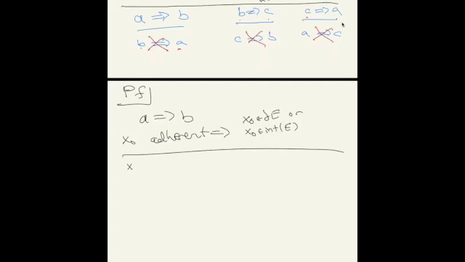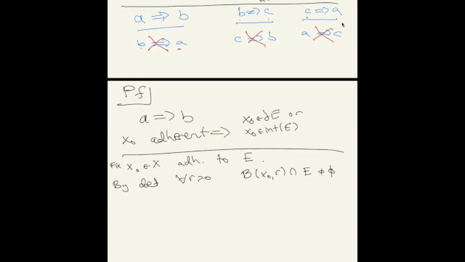Let's first fix x0 adherent to E. Well, by definition, for all radii, positive radii, and it's important to have positive radii here, if we take the ball of radius r, then this intersects the set E in a non-empty way.